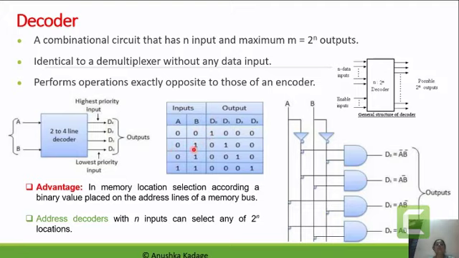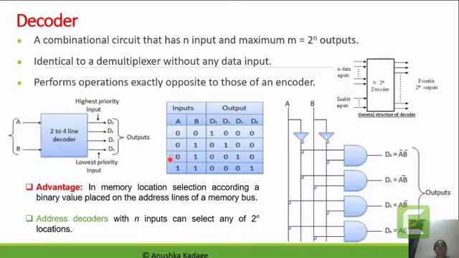But if the input combination is 0 1, then the output selected is the first data output, D1, which is marked as 1 and all other outputs are marked 0.